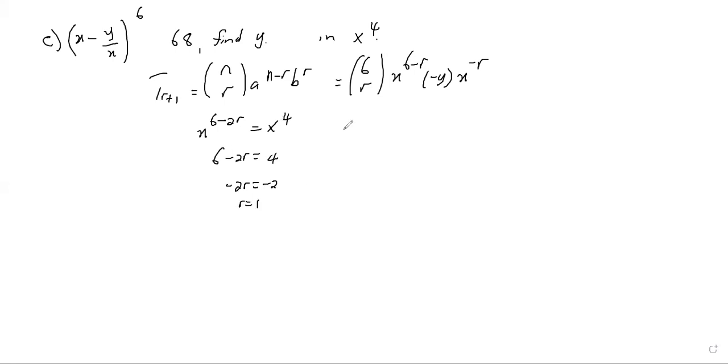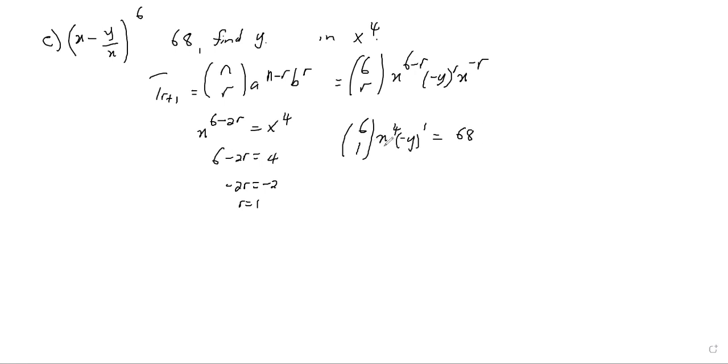So we'll go back and say, okay, so 6 choose 1, x power 4, and then minus y. This was power r, so we'll say minus y power 1. Then we would have said equal to 68.